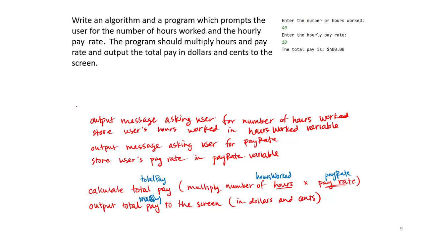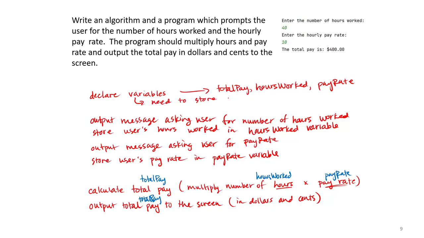We'll cover more how to do that a bit later, but an important step would be to declare variables to store total pay, hours worked, and the pay rate. So let's just declare those variables. Total pay, hours worked, pay rate, and these variables need to be able to store decimal numbers.